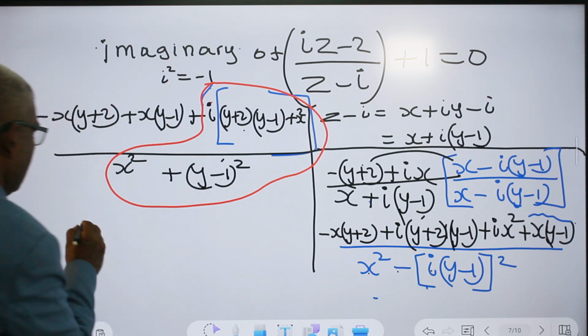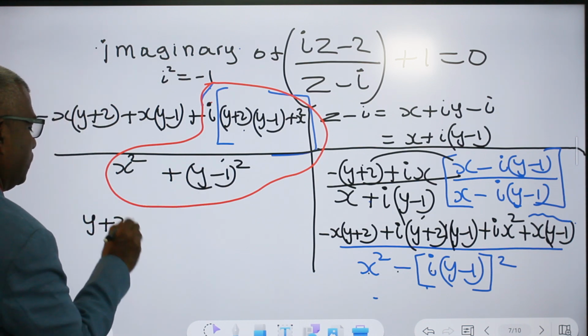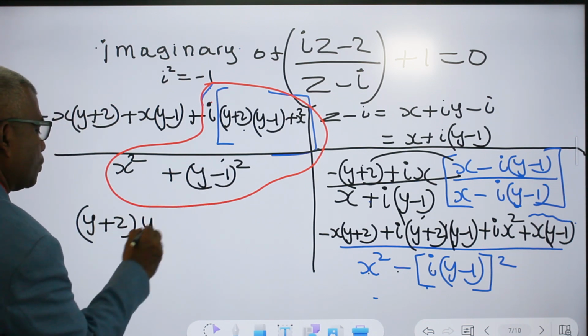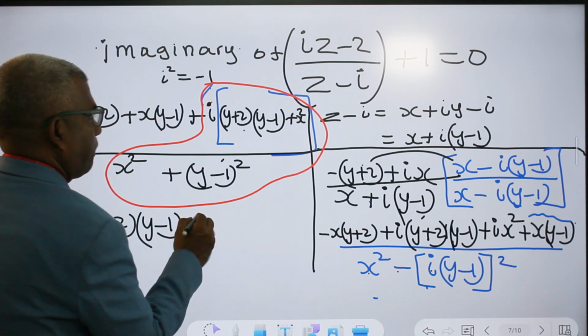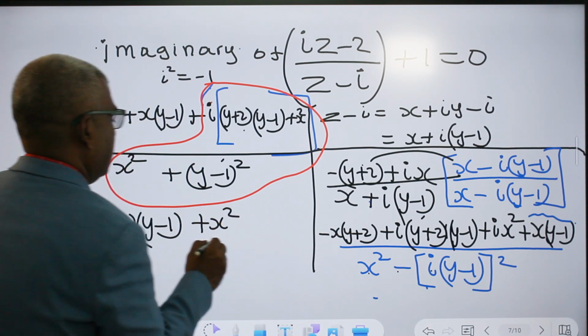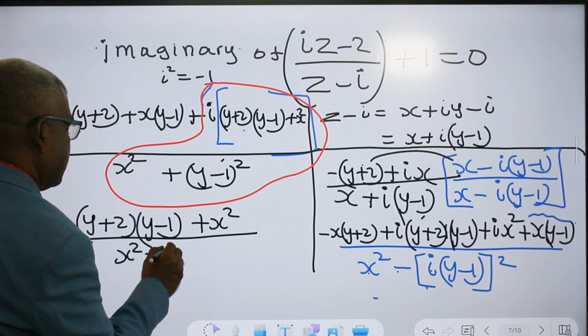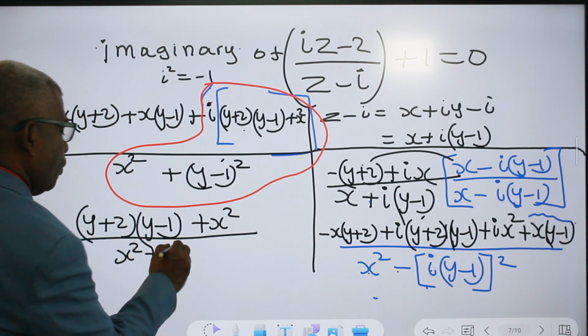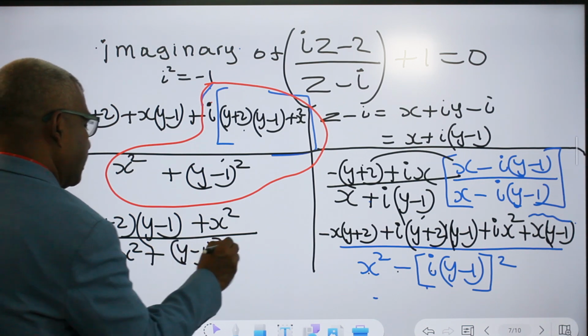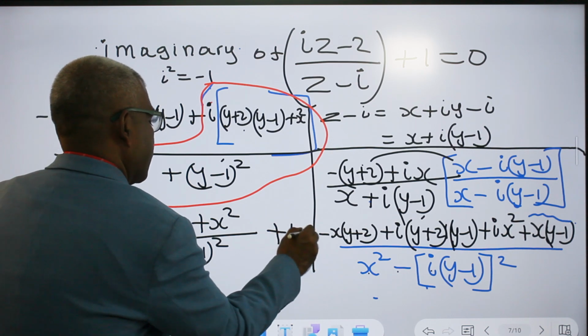Only this one: (y plus 2)(y minus 1) plus x squared divided by x squared plus (y minus 1) whole squared, plus 1 is equal to 0.